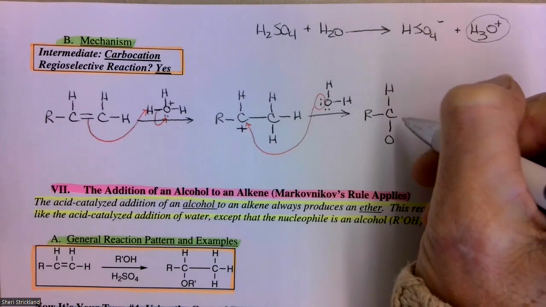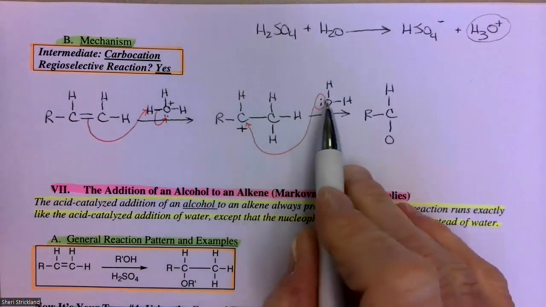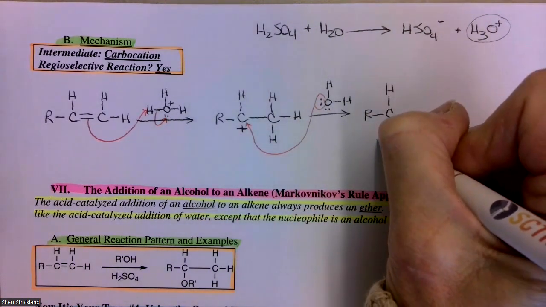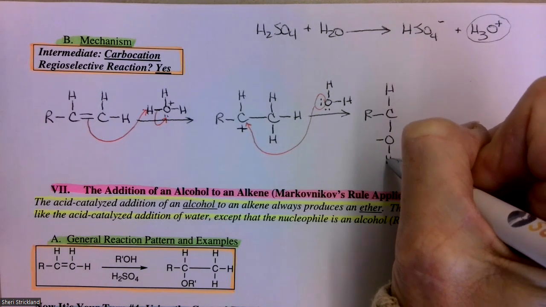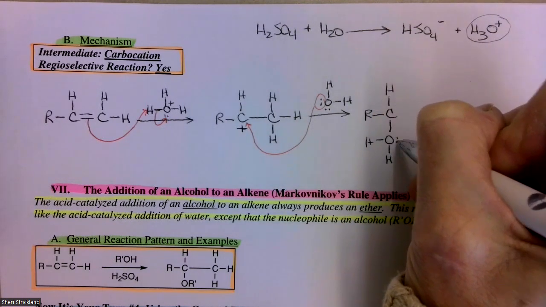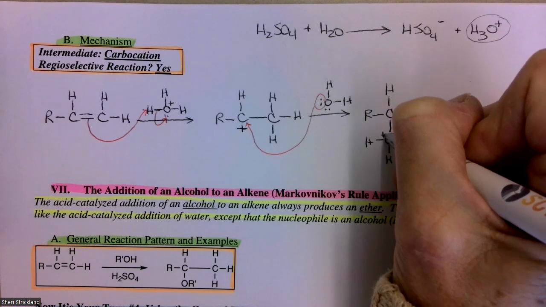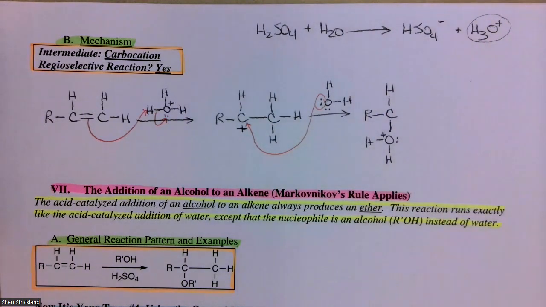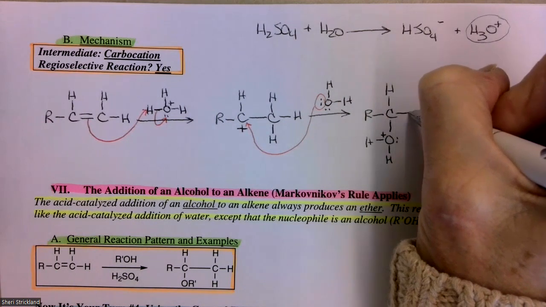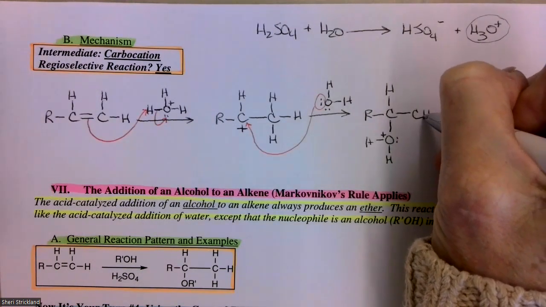So when we form a bond between that oxygen and that carbon, these two hydrogens come along, which means it's got one too many. If you look at the general reaction pattern, this is not the end. I'm just going to tuck that down.